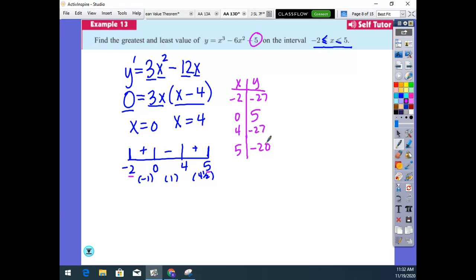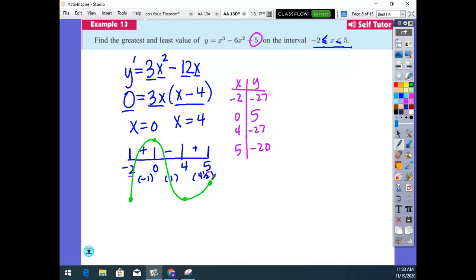So let's think about what these points on the graph look like. So -2 is at -27. 0 is at +5. 4 is also at -27. See how these are at the same level? And this point is just a little higher. So it's increasing, decreasing, increasing. So this is the shape we're looking at.